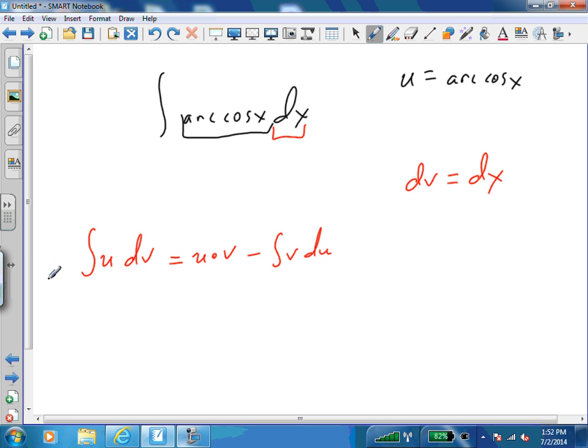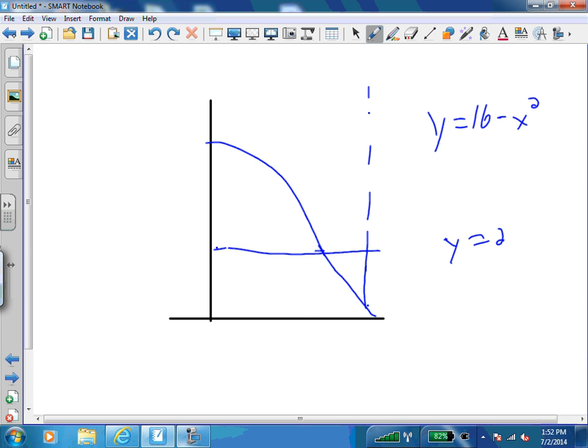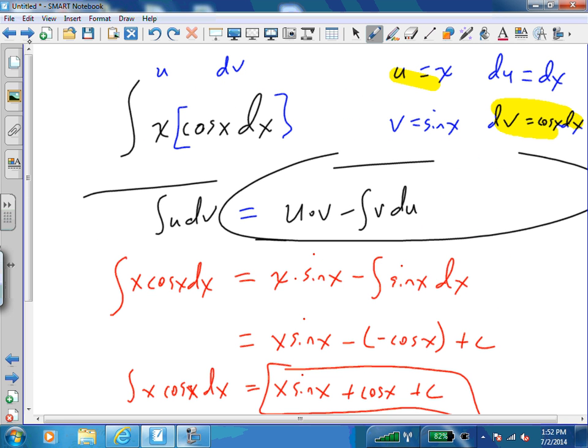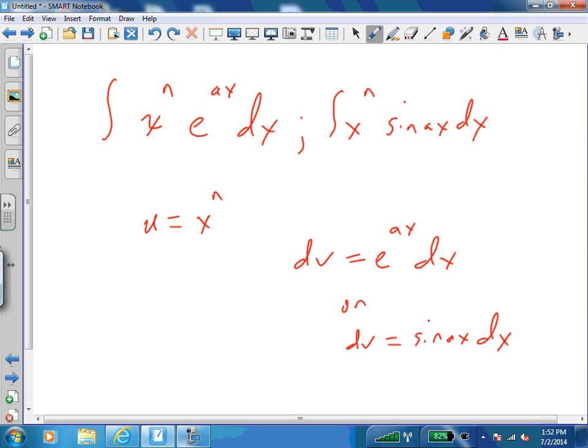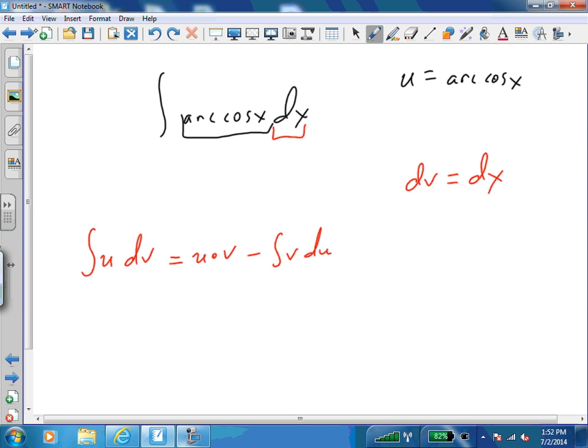And I showed them earlier, I may have erased this already, that comes from the product rule. I did erase it. If you take the derivative of a product, the derivative of a product is u prime v plus uv prime.